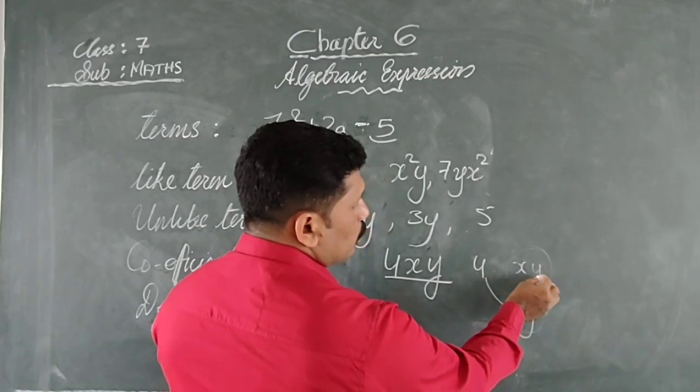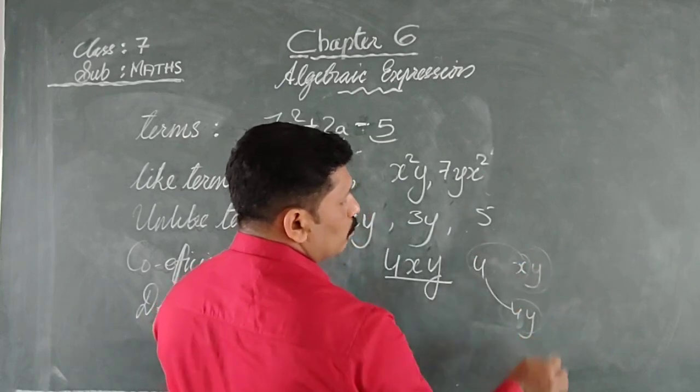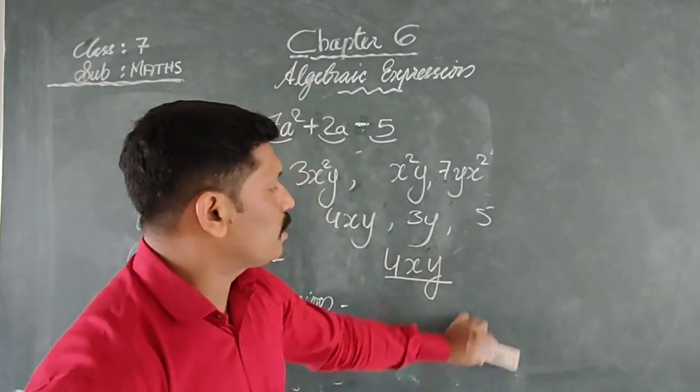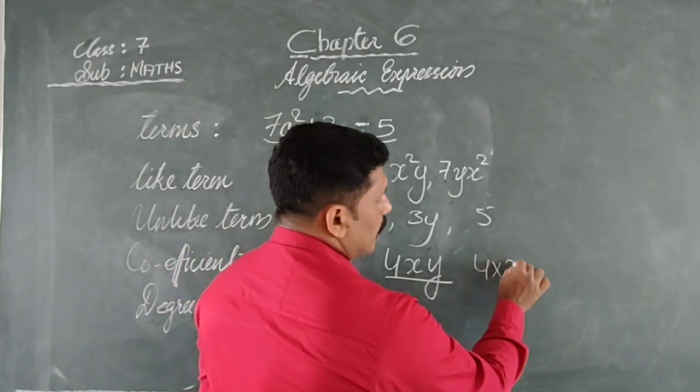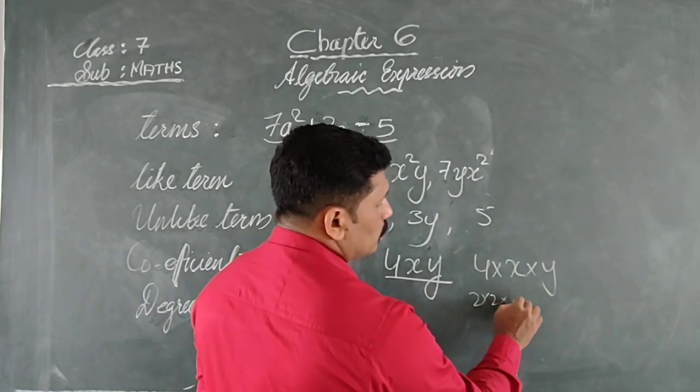And what's the coefficient of y? If we take the coefficient of y, then 4x is the coefficient of y. In this way, every factor, when we factorize a term, how do we factorize a term? 4 into x into y. And 4 we can factorize as 2 into 2 into x into y.